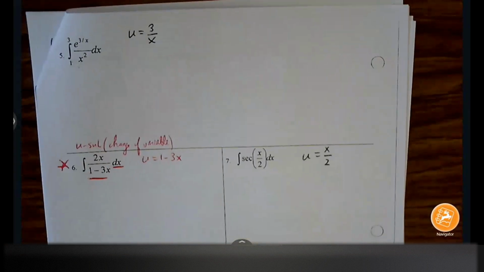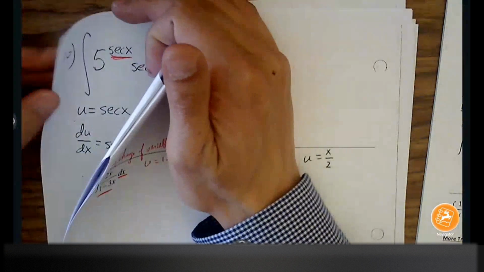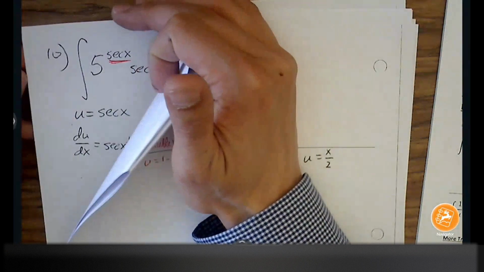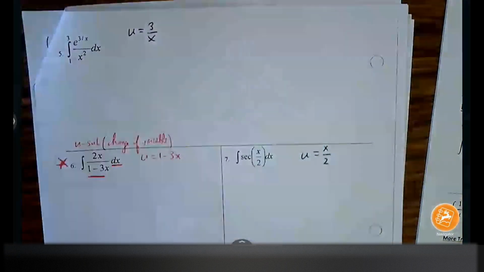All right, let's look at number 5. I think number 5 is a good one to look at here. We identify the U value, so let's continue that process. And we do see bounds in this problem, but we're going to work this problem without the bounds first.